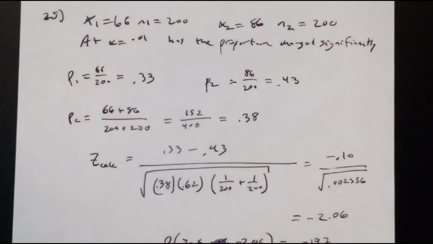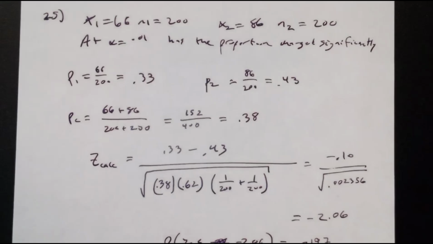The further away from 50% it is, the larger a sample we need to make sure we have enough to say it's a normal distribution. What's that enough though? 10. I need to have at least 10 in each yes pile and at least 10 in each no pile.